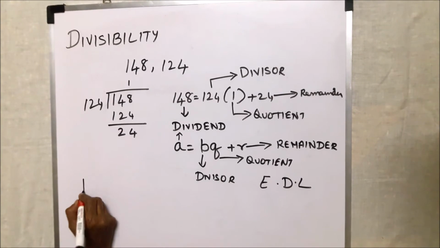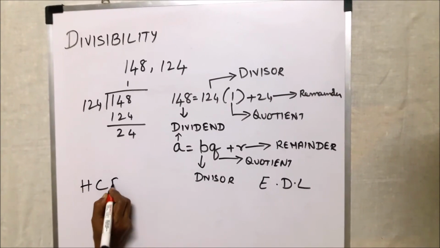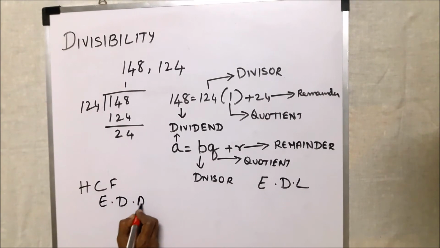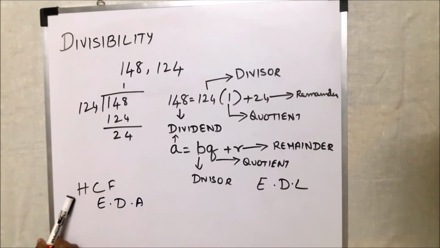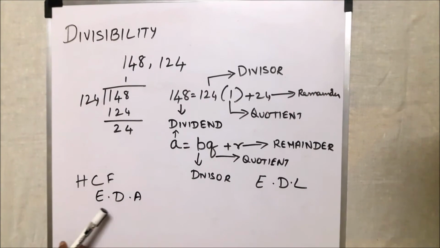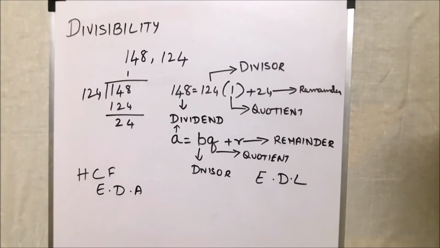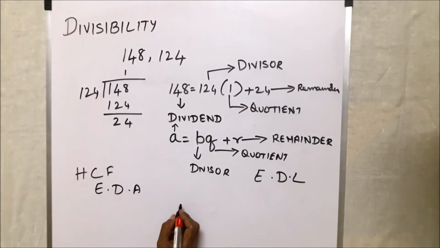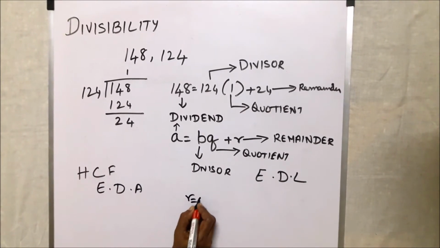Now, in order to find the HCF of numbers, we have Euclid's division algorithm. What does it say? Applying Euclid's division lemma, we have to get the remainder as 0.